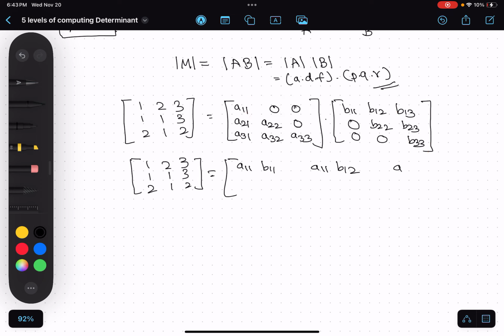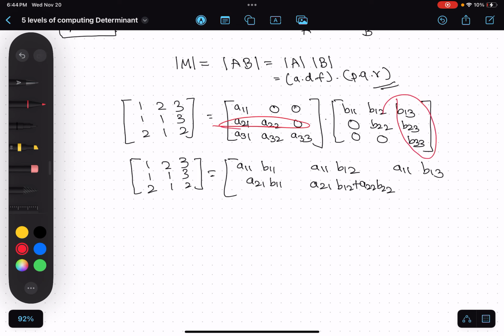Second row with first column, A21 B11. Second row with second column, A21 B12 plus A22 B22.